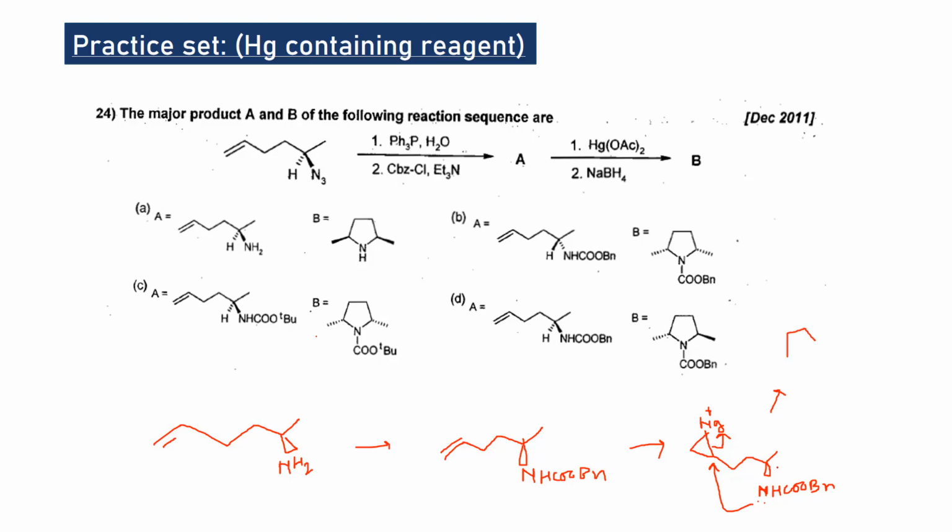Now this is already above the plane, so it will attack from above the plane. So both bonds will be from above the plane. And after that, this carbon-Hg bond gets cleaved by NaBH4 and forms this as our product.